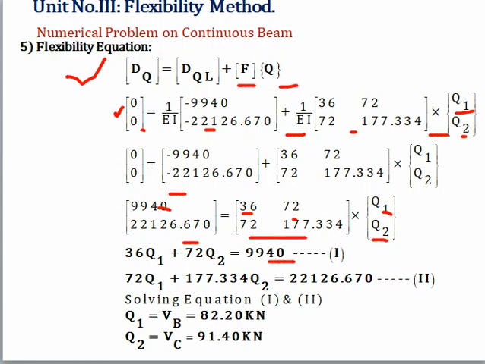Second equation: 72 into Q1 plus 177.334 Q2 is equal to 22126.670. By solving these two equations, we have Q1 equal to VB equal to 82.20 kilonewton, and Q2 equal to VC equal to 91.40 kilonewton. So these are the redundant forces.